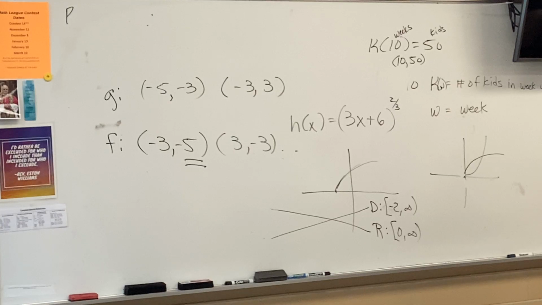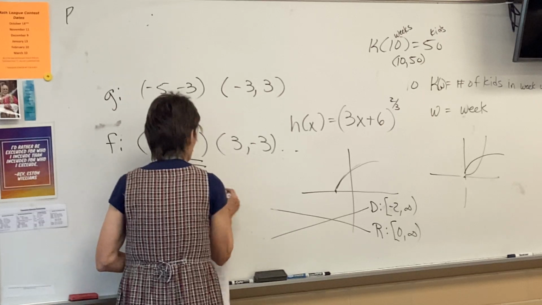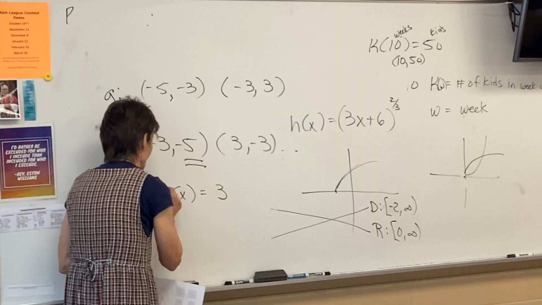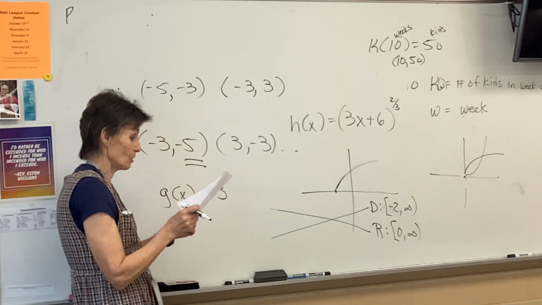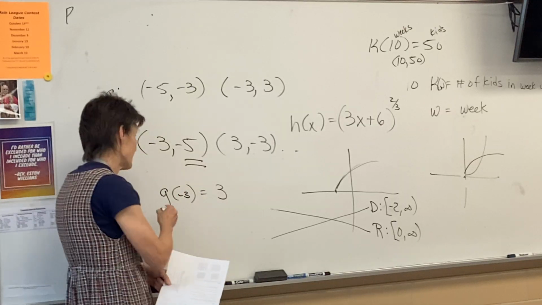Negative 3. Because you want to know what x gives you 3. What x gives you 3? Well, you look at the picture, negative 3. So then the inverse 3.